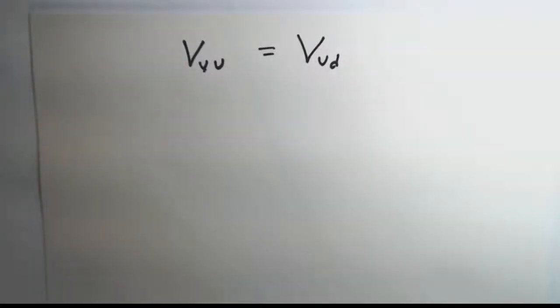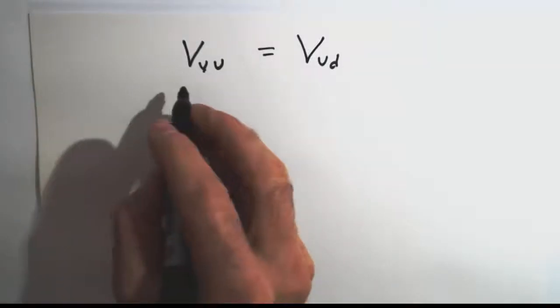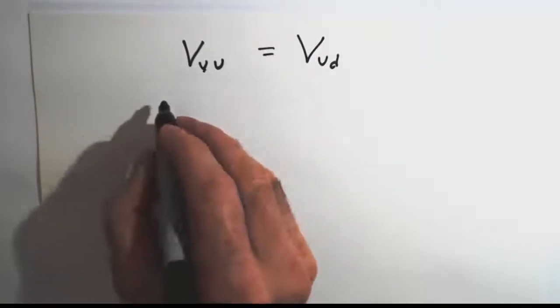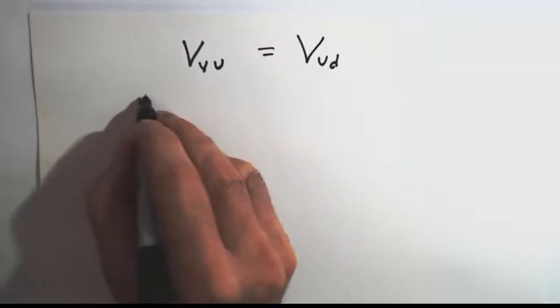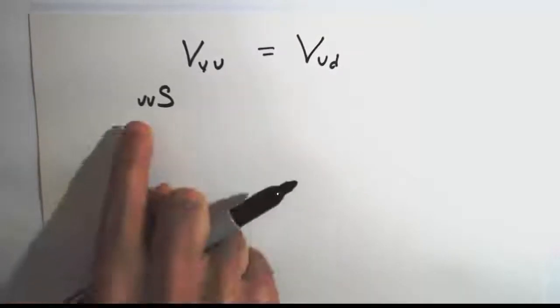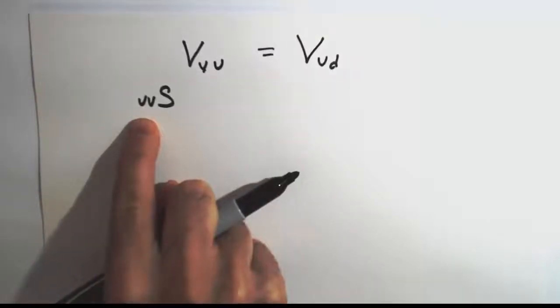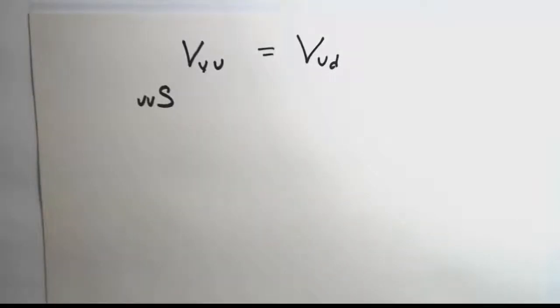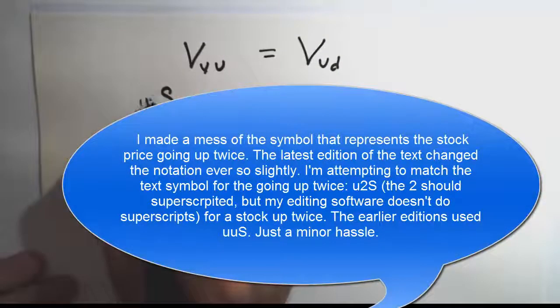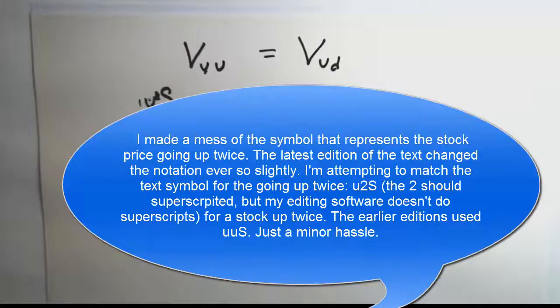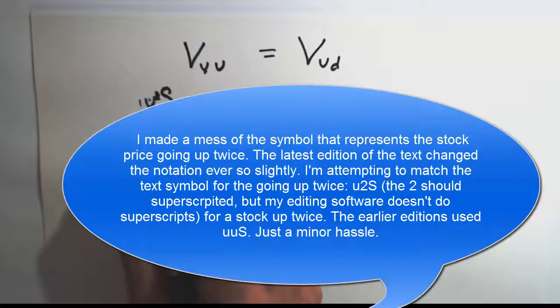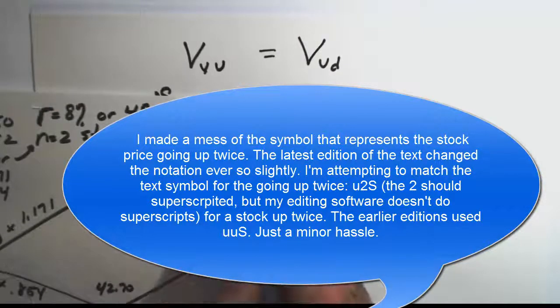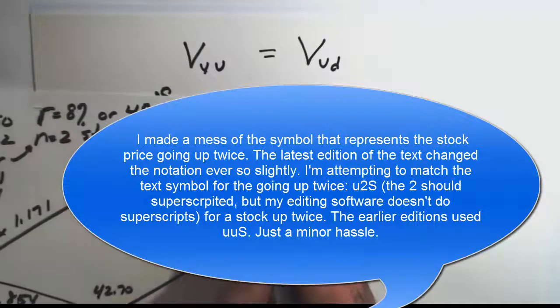So we want the value of our portfolio to look like this. Here we have a stock. Now let's get the symbol straight in the text. I think the text uses U squared, meaning the stock went up twice. So we have this stock that went up twice, and that's what this is, 68.56.